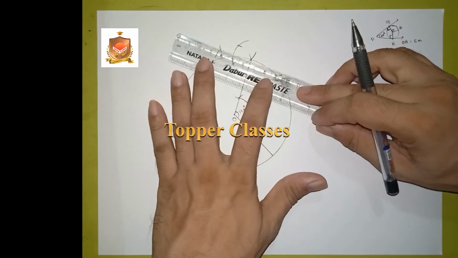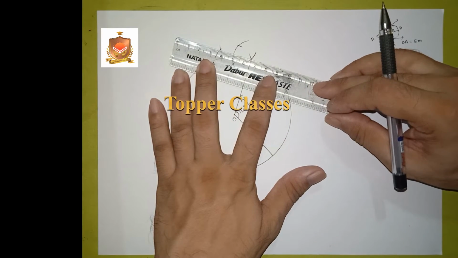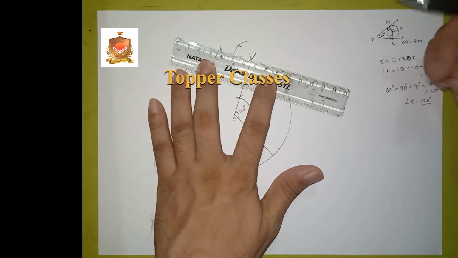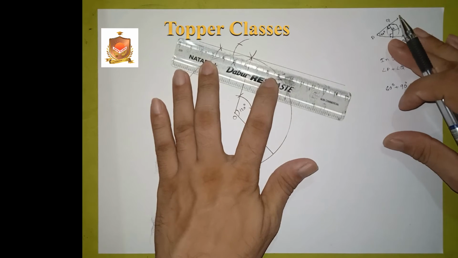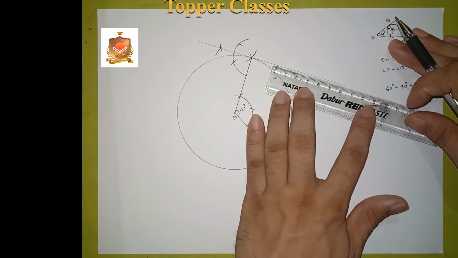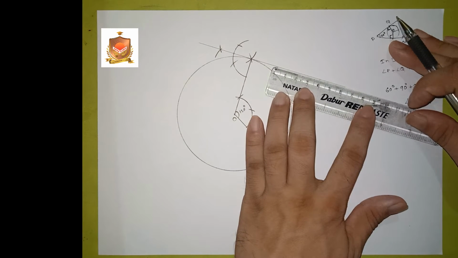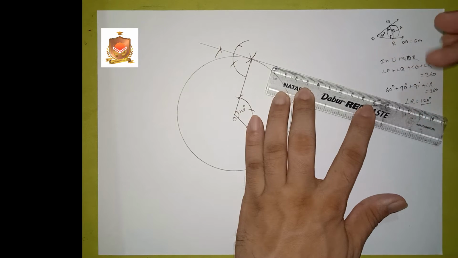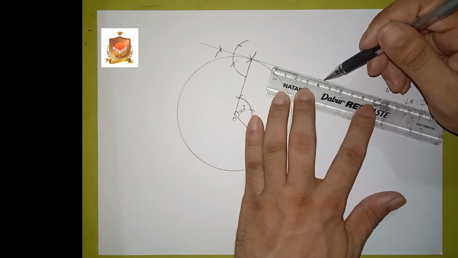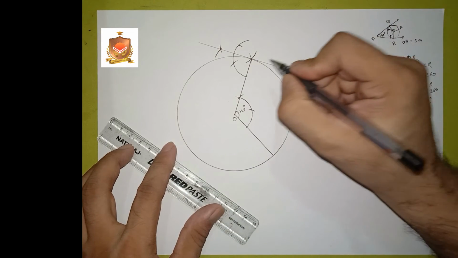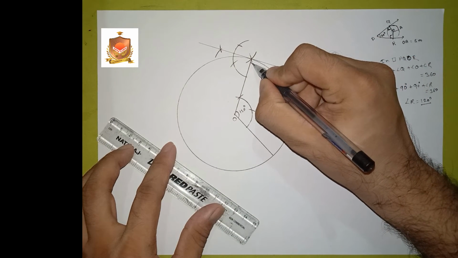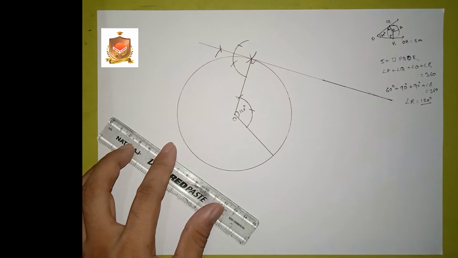We will join this line. It may be that we have to extend the line further. This is the tangent, so this angle is 90 degrees.